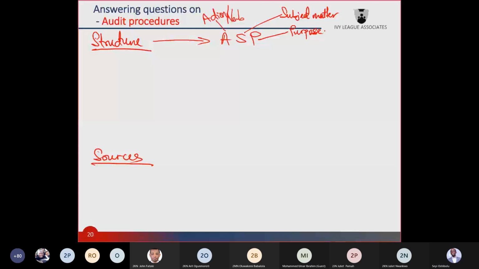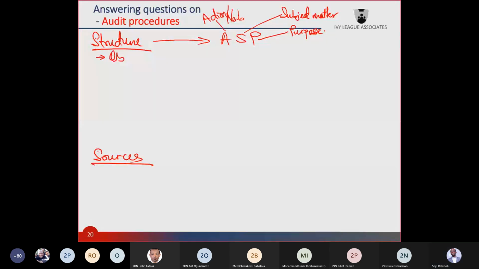ASP. So I take that again. If I am to pick an example of impairment of factory, and I'm to carry out audit procedures on impairment of factory, my expectation will be that maybe management has done something, right?